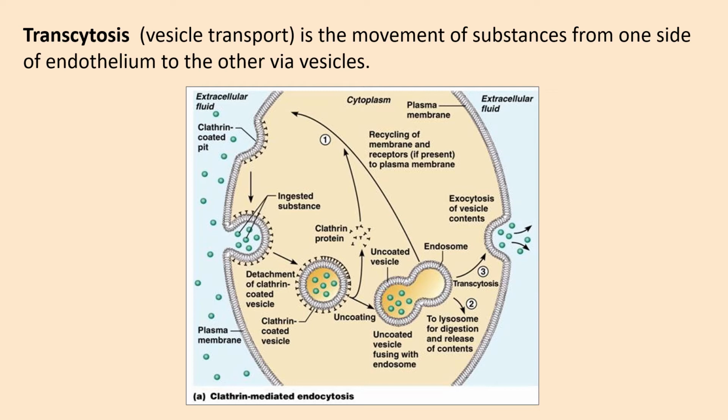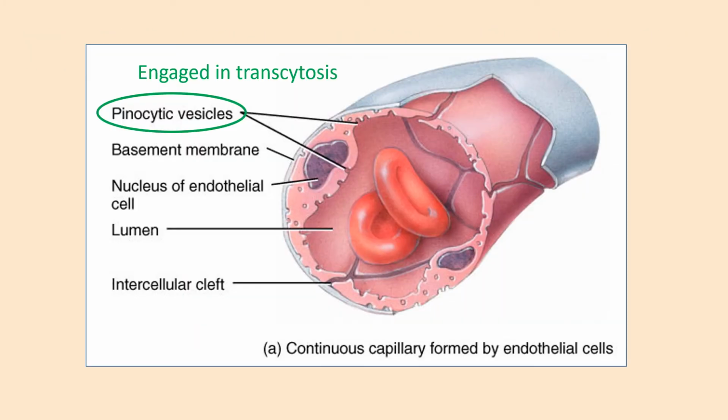And then that vesicle travels across the cell, and on the opposite cell surface, the interstitial fluid facing cell surface, exocytosis occurs. And so those insulin molecules, those blue dots, are now released from the endothelial cell into the interstitial fluid. And not shown here, but there are obviously tissue cells, and that insulin can then go on to bind to receptors on those tissue cells. So this is transcytosis.